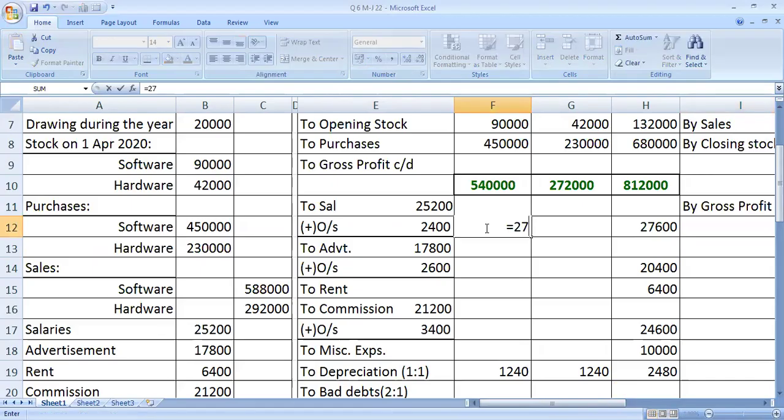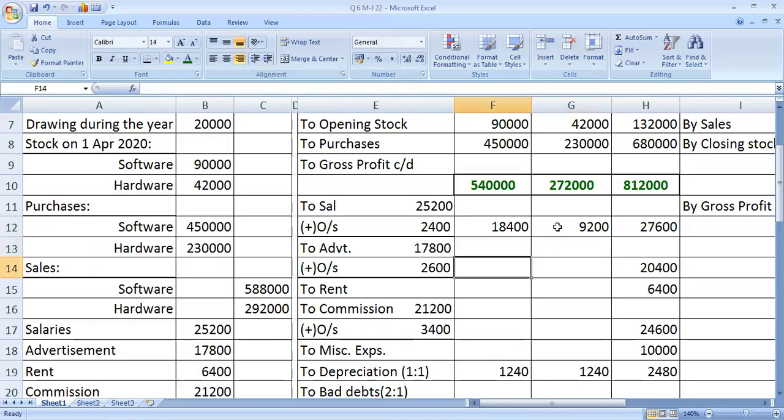Total salary 27,600. Distribute in the ratio 2:1. 18,400 for software, 27,600 minus 18,400, remaining balance is 9,200.